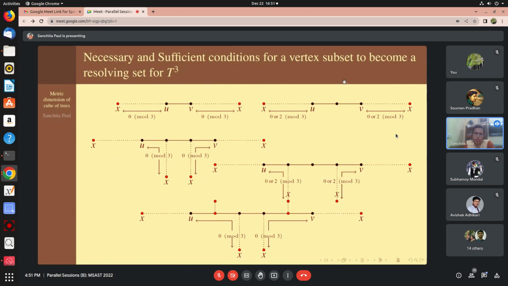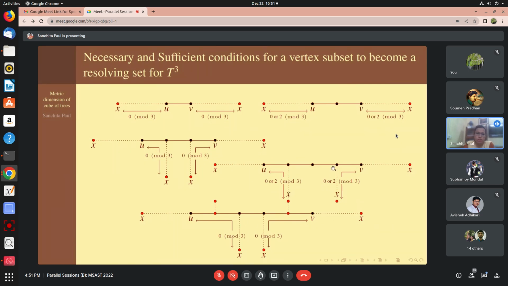I mean, for the adjacency case, we have seen the distances 1, 2, and 3. For non-adjacency cases, we only need to look at the cases when d_T(u,v) is 4 and when d_T(u,v) is 5. So in these cases also, these positions of red vertices, as we have already described here, can only resolve this u and v.